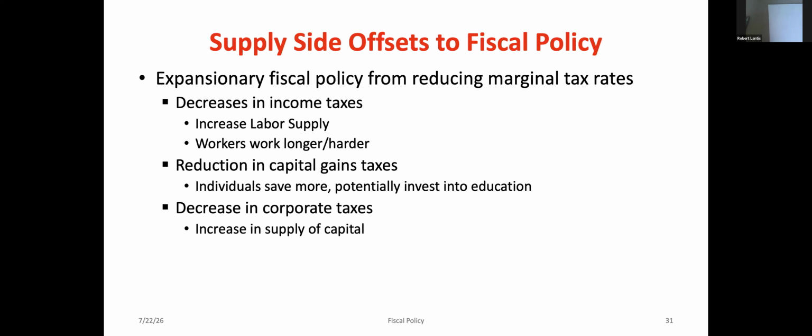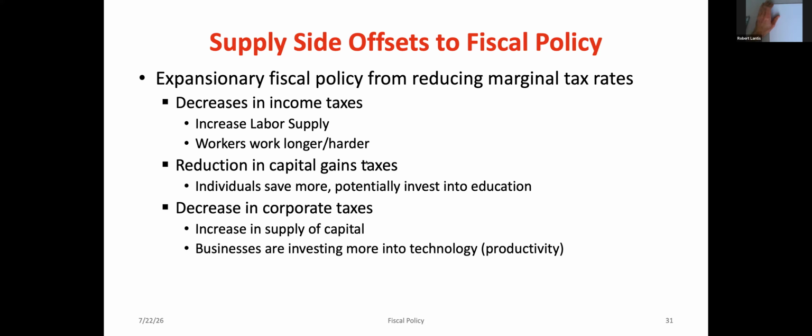If they're earning these profits, they've paid lower taxes, they have more money to then invest back into capital, right? Maybe part of that investment is improving technologies or productivity. That also increases one of the factors of production. So if we use taxes, potentially there's going to be an offset of this fiscal policy by a secondary effect, that we change long run aggregate supply.